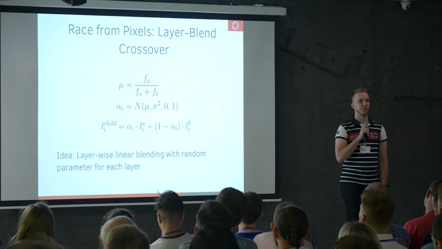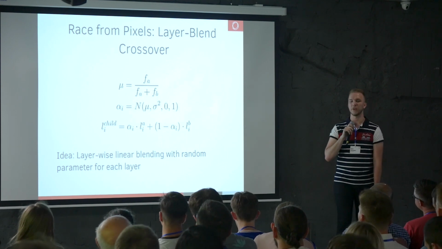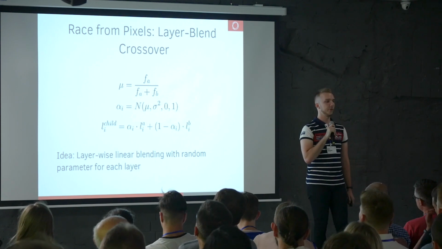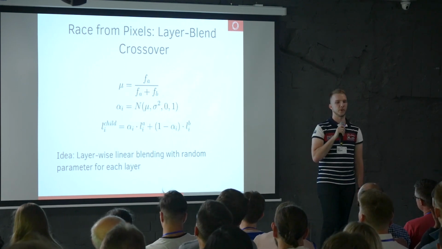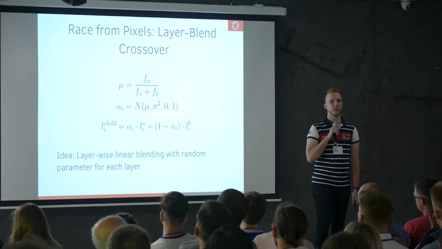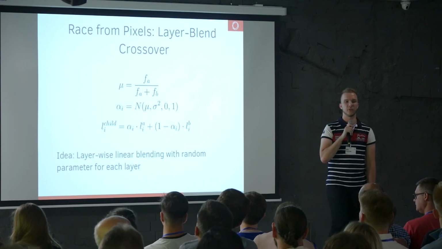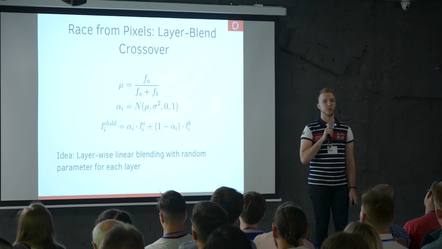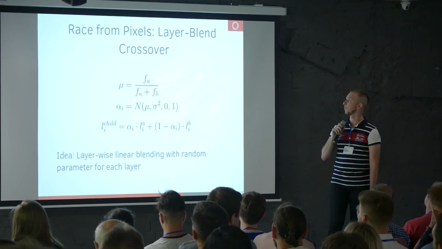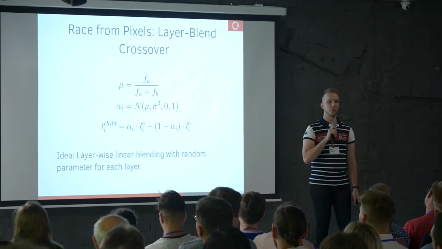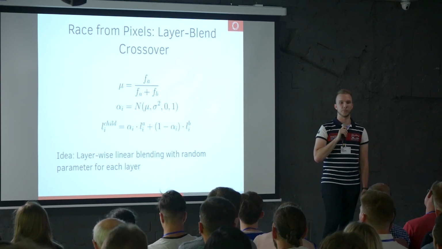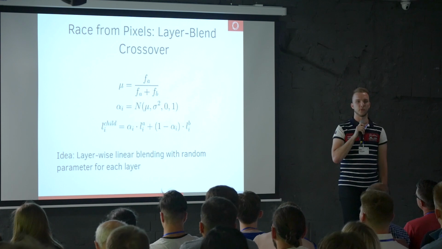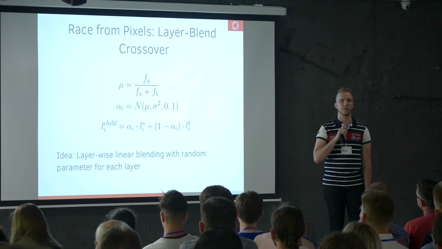And also here comes a very simple but still effective idea with the crossover operator. Each neural network is a big nonlinear function, with each layer that can be considered as a building block of the neural network. And here we present the layer blend crossover that is not as disruptive in terms of divergence as conventional crossover approaches like multi-point or just blending crossover.